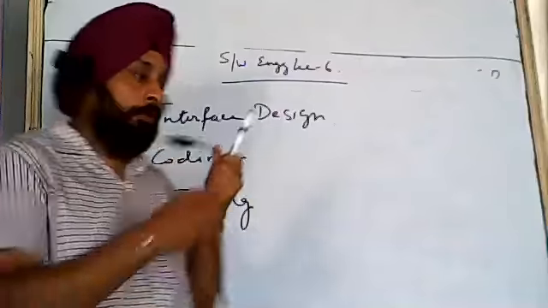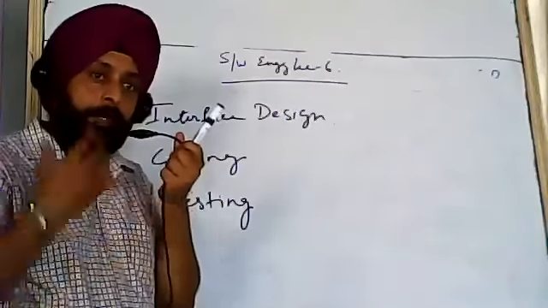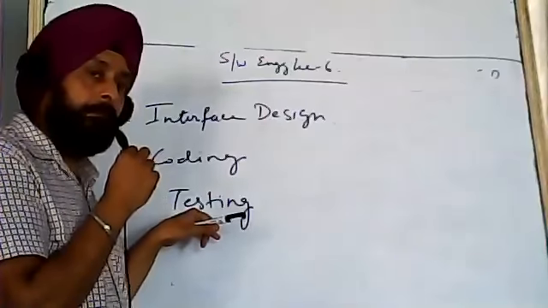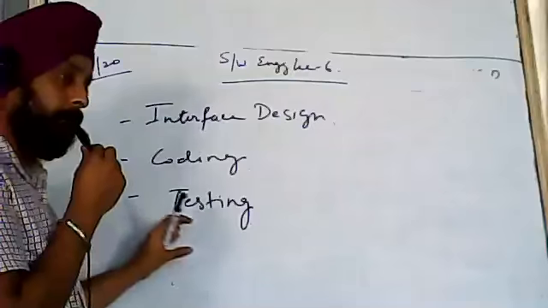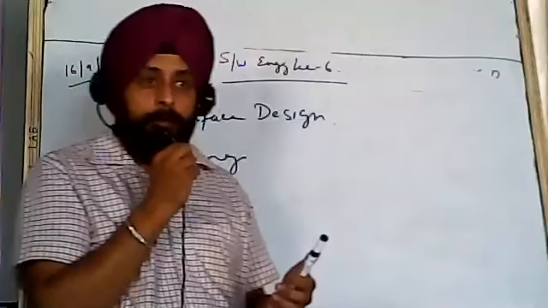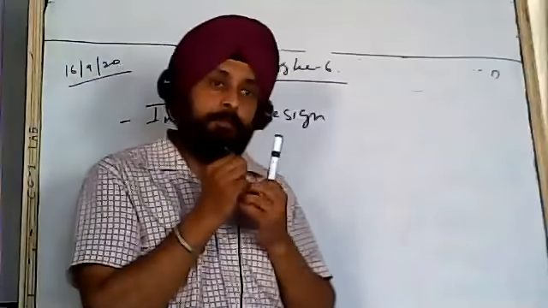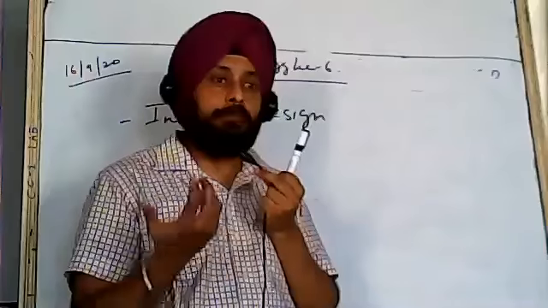So we need to have the coding. Whatever the designing has been done, we have to write the code for that thing. Then there is testing, a very important phase. Whatever we have designed and coded in a particular programming language, before delivering our software to the customer, we have to test it.